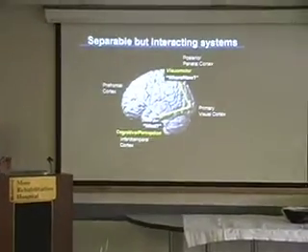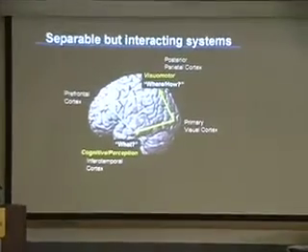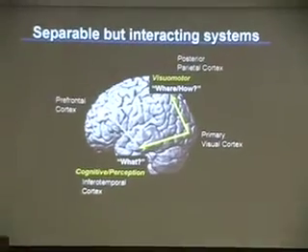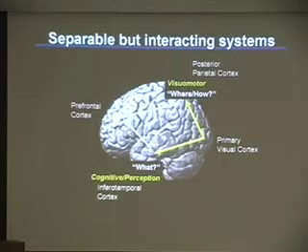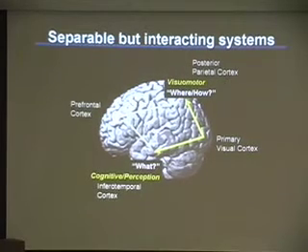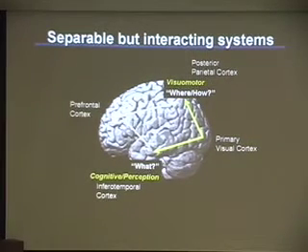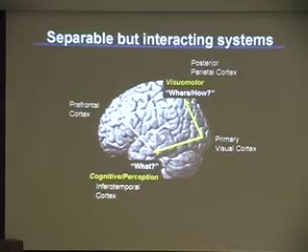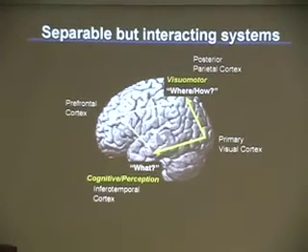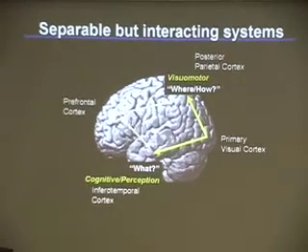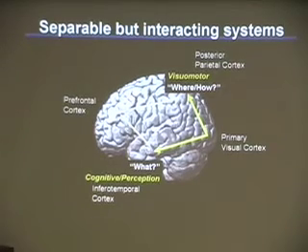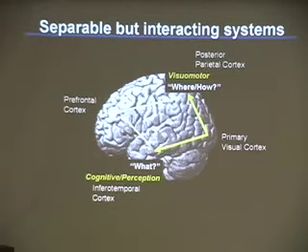This has been named several different ways. Traditionally it was named a where system for its role in spatial processing. More recently, it's been identified as a how system for its role in visual motor control, or visually guided actions. This system is proposed to be somewhat independent from the other system, which projects ventrally, ending at the inferior temporal cortex.